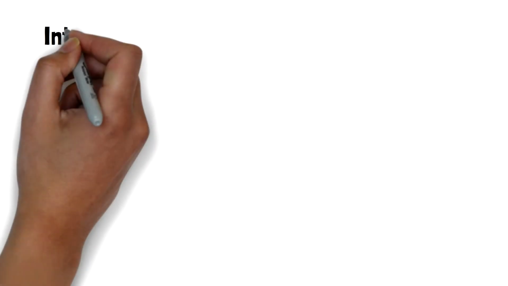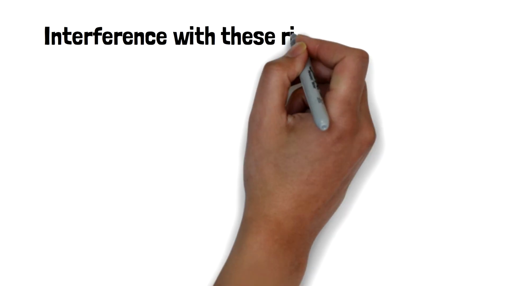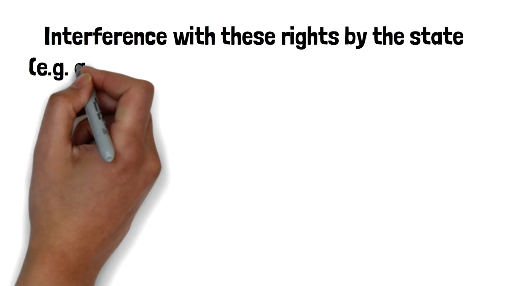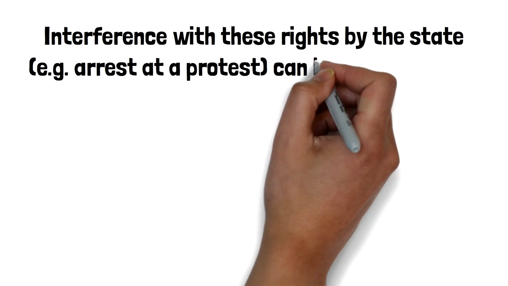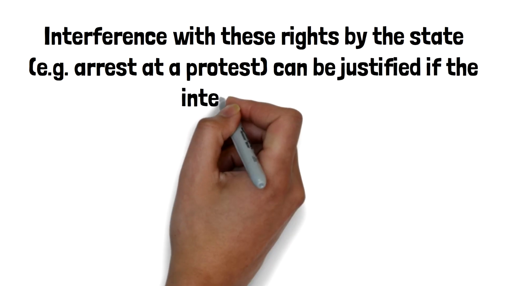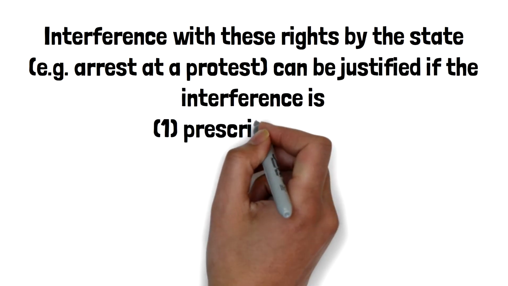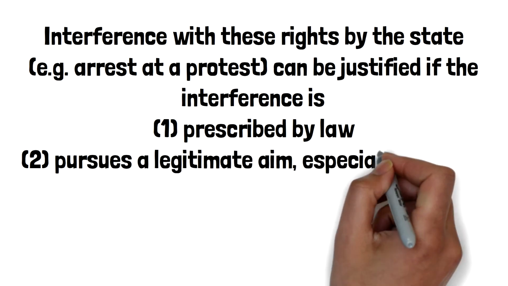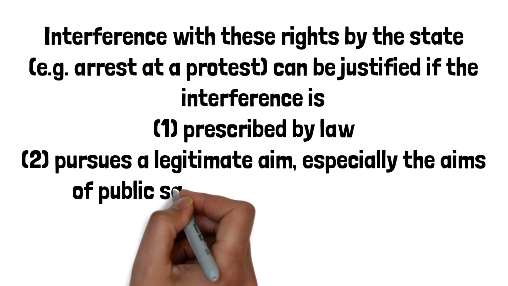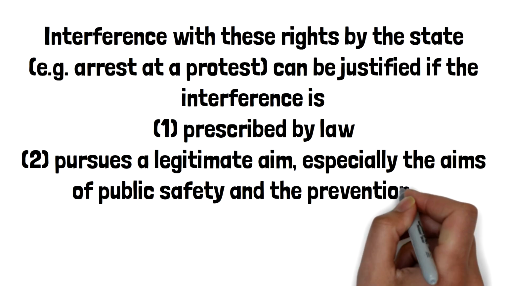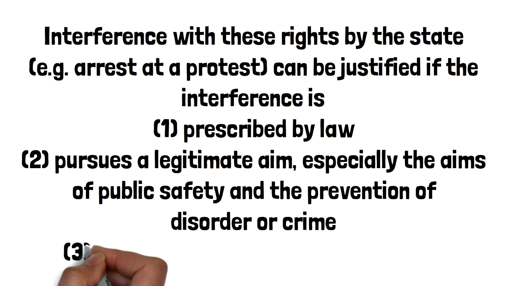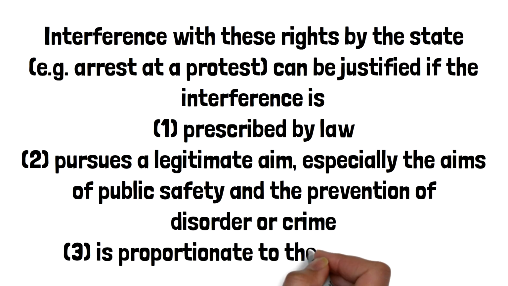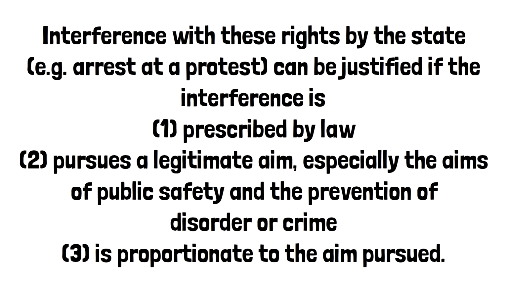However, such interference with these rights by the state, for example, an arrest at a protest, can be justified if the interference is firstly prescribed by law, secondly pursues a legitimate aim, especially the aims of public safety and the prevention of disorder or crime, and thirdly is proportionate to the aim pursued.